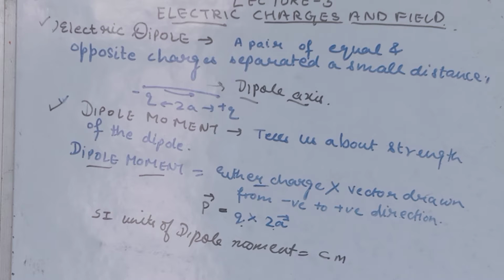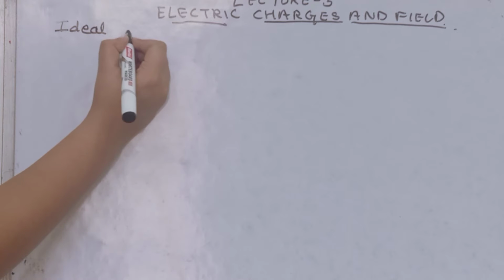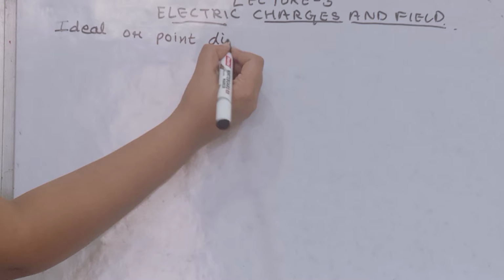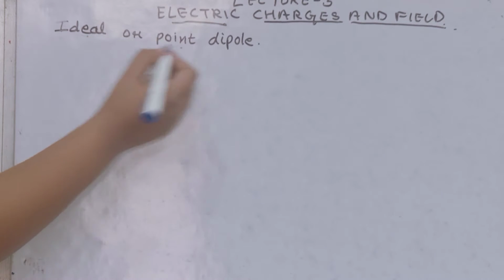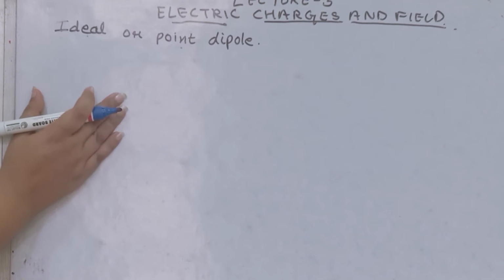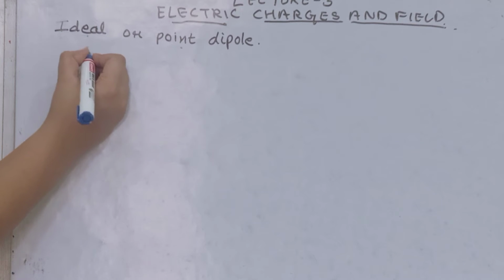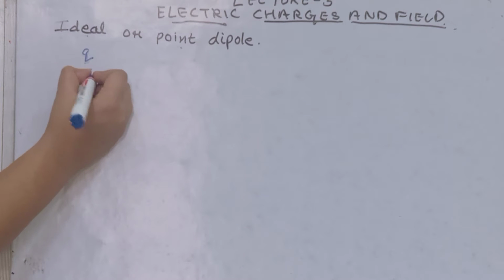Now, next is ideal or point dipole. This is just a definition that you can be asked: what do we mean by ideal or point dipole. We can define it with the help of certain conditions applied on the charges and the vector.